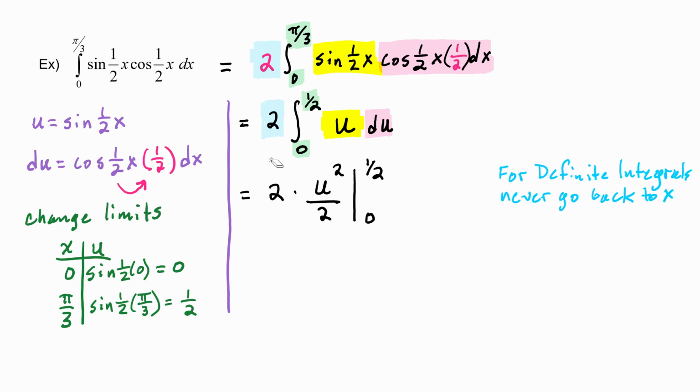We stay in the u variable and continue to evaluate only in the u variable. Now these 2's will cancel, and we will have to do 1/2 squared minus 0 squared using the fundamental theorem of calculus. And so our result is going to be 1/4.